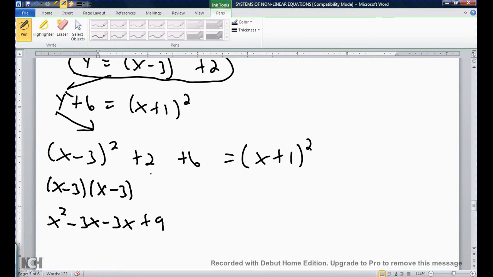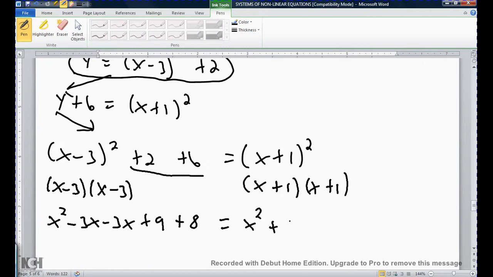I'm going to go ahead and add the 2 and the 6 together, which is a plus 8. And then this x plus 1 squared is the same as x plus 1 times x plus 1. I'm going to foil that out. So we get x squared plus 1x plus 1x plus 1, because 1 times 1 is 1.